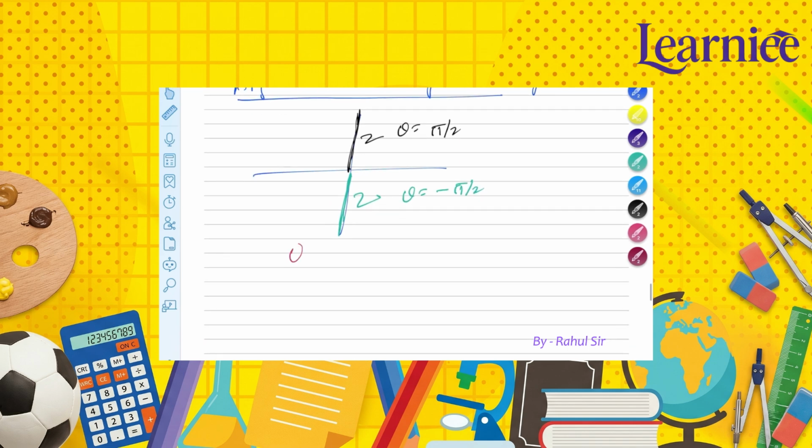So the argument is plus pi by 2 or minus pi by 2. Plus pi by 2 when the imaginary part is positive, and when the imaginary part is negative, we use the argument as minus pi by 2.